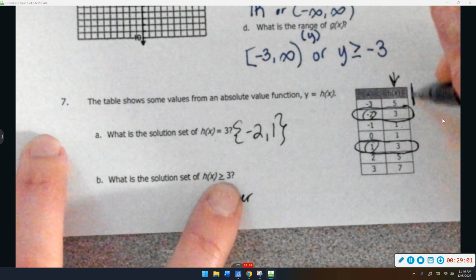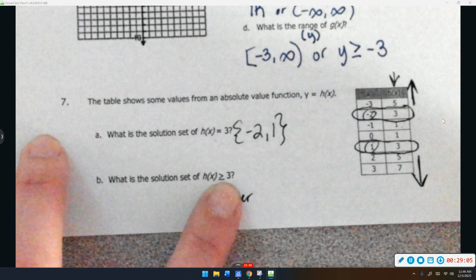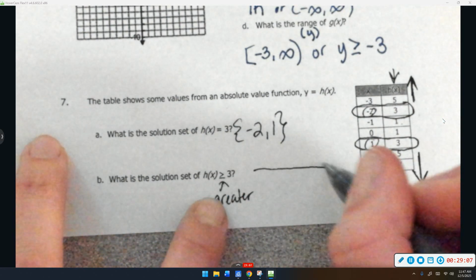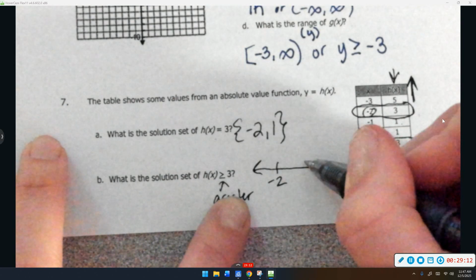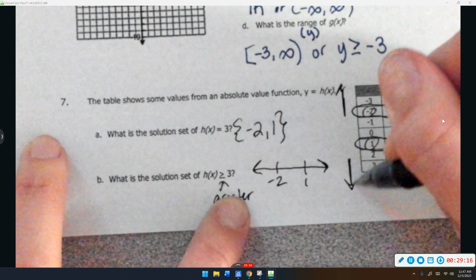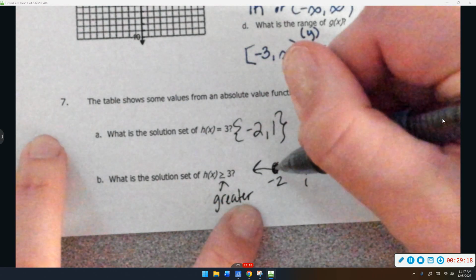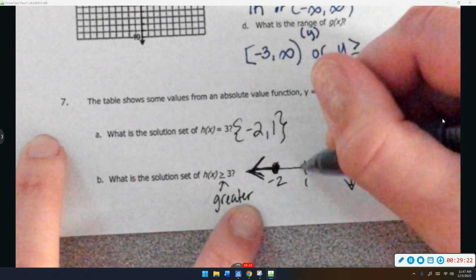So the greater ones are on the outsides, right? Okay, so I just use those x's. One of them's negative 2, one of them's 1, and it's going to be on the outsides. So this is what it looks like on a number line. This is where my solutions are.